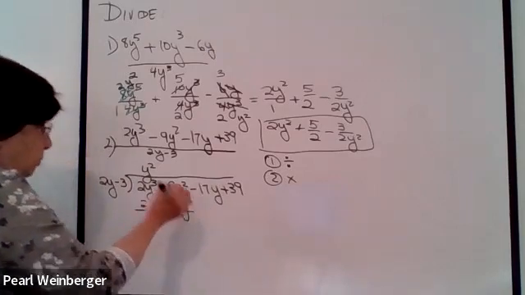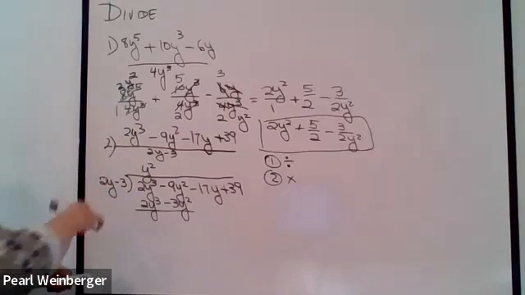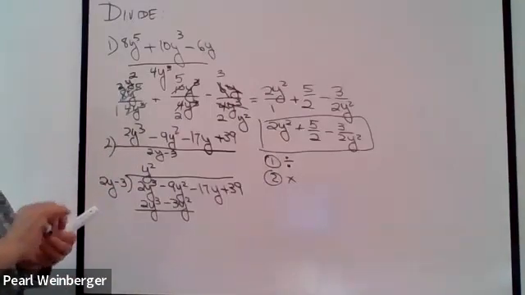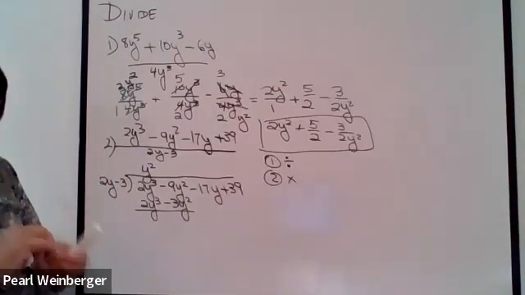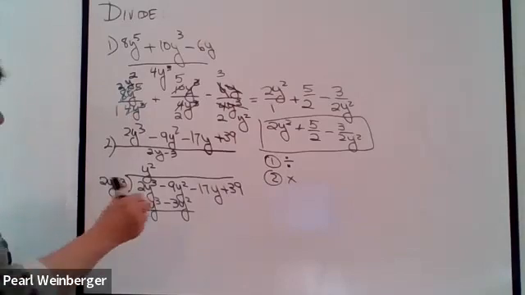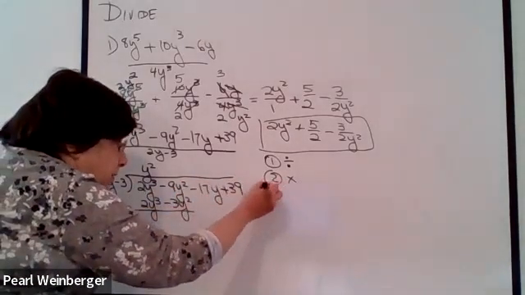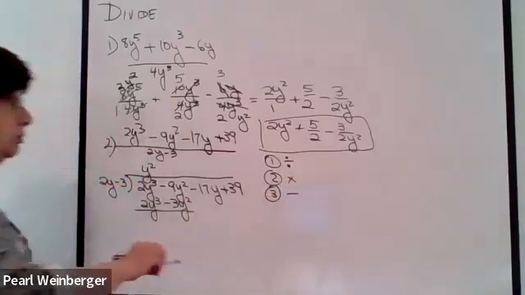Notice when we're multiplying by the whole thing, even though we didn't divide by the whole thing, when we multiply, we make sure to use the whole thing. And the next step is to subtract, just using symbols.